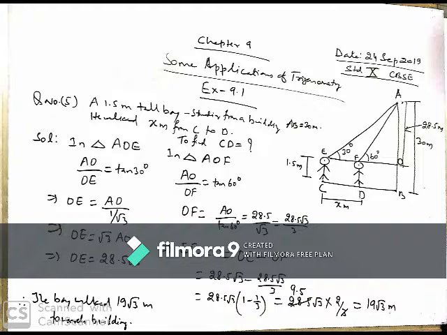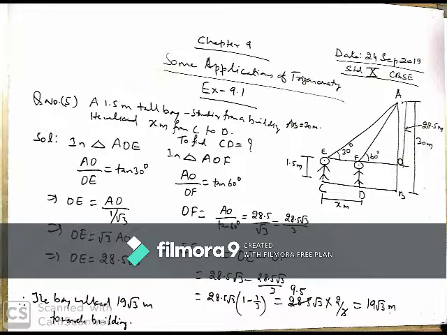In triangle AOE, AO by OE is tan 30 degrees. Then OE we can find: tan 30 degrees is 1 by root 3, so OE will become root 3 AO. Now AO we already know is 28.5 meter, so OE will be 28.5 root 3. So OE we have found now.